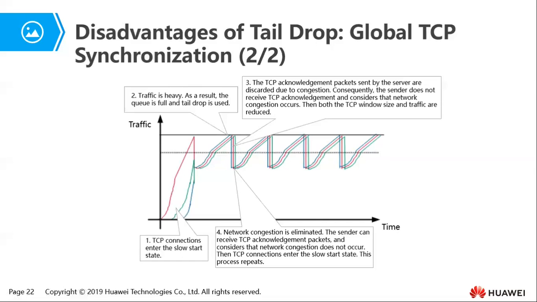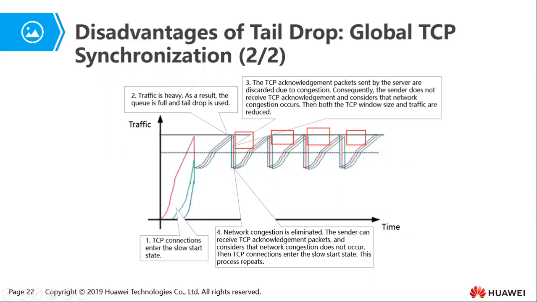Now, this particular scenario is what we refer to as global TCP synchronization. And what is the problem with this? The problem is that we are going to have times when the queue is underused. And when we talk of the queue, remember we are talking of the bandwidth actually.